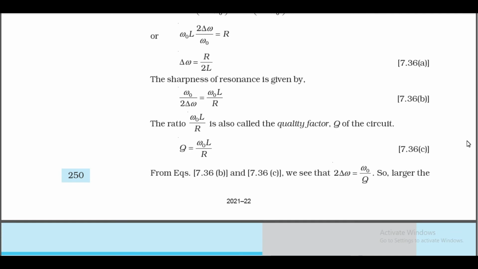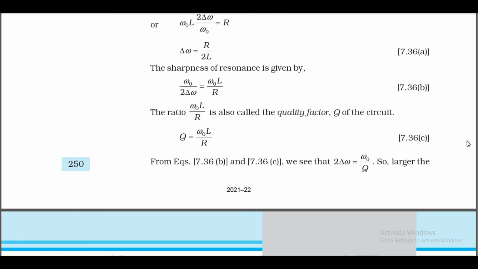The sharpness of resonance is given by omega naught divided by 2 delta omega, which is equal to omega naught L divided by R. The ratio omega naught L divided by R is also called the quality factor Q of the circuit.